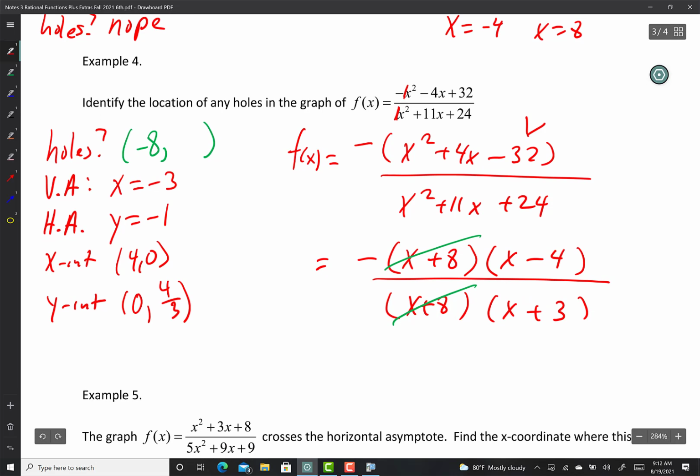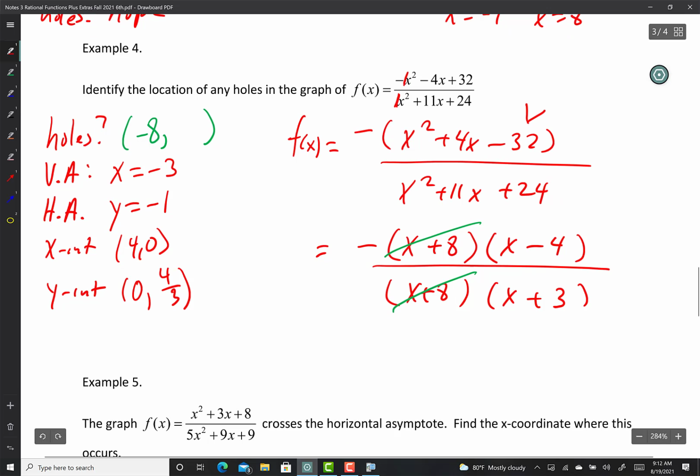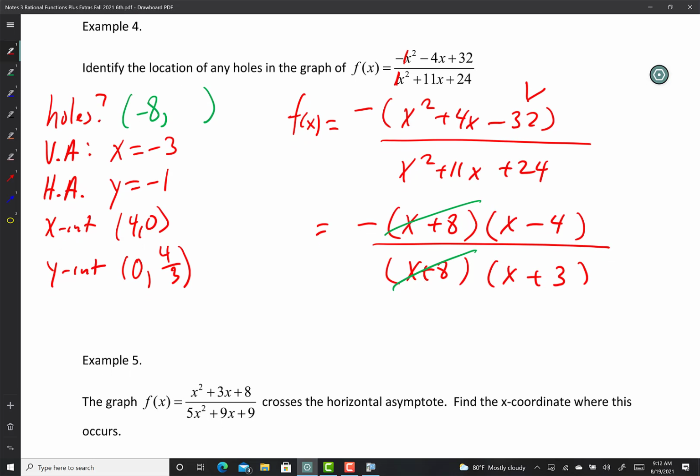Yeah, with the negative. So would it always be that the numbers in the parentheses give your y-intercept, 4, 3? The 32 over 24 would have reduced to 4/3. But yeah, you can just use the factors that you have left and you'll get the same value.